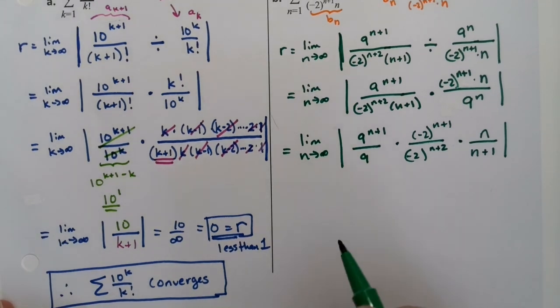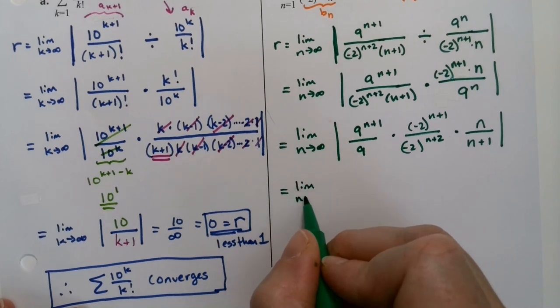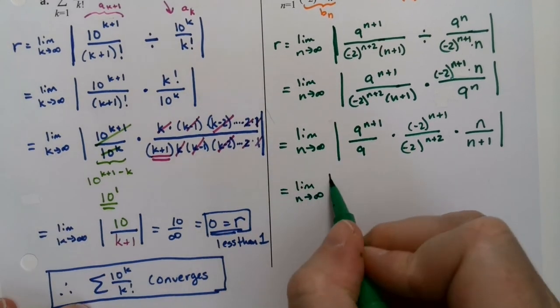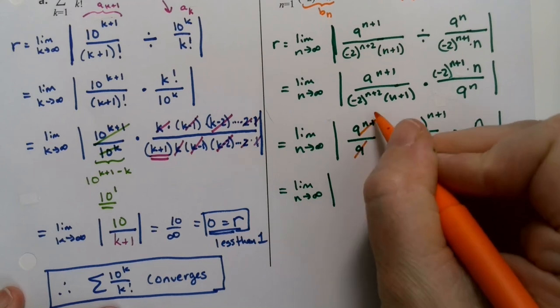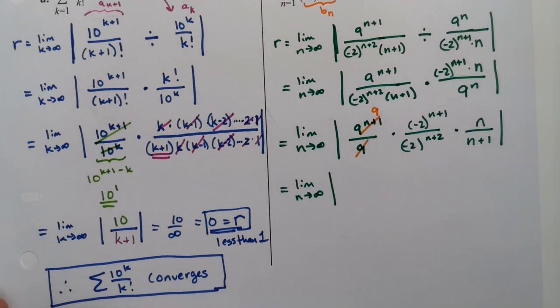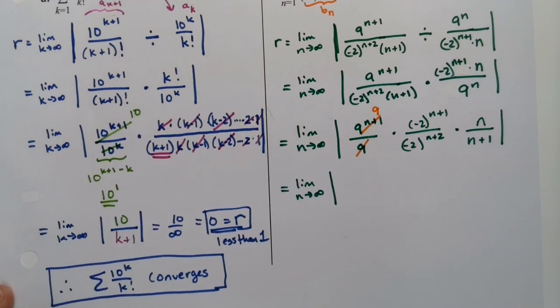All right, so this is the limit as n goes to infinity of, now let's think about this. The 9 to the n plus 1 and the 9 are going to go away and just leave you 9 in the numerator here. Just like over here, we were left with 10 in the numerator here.